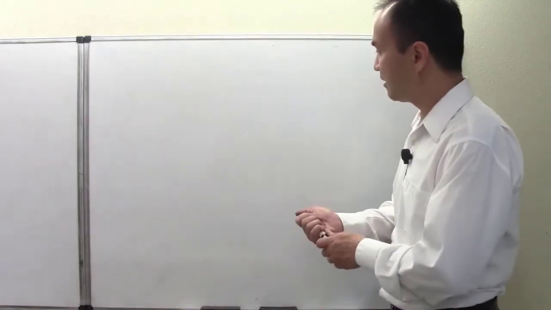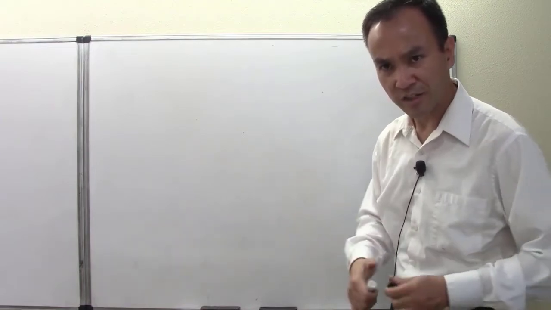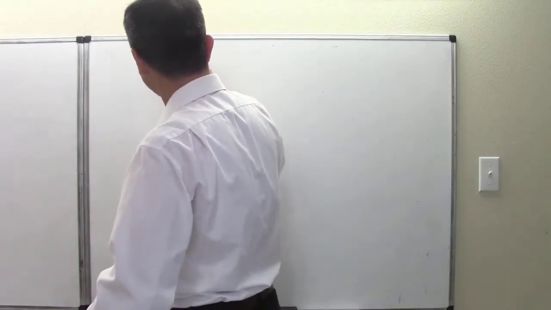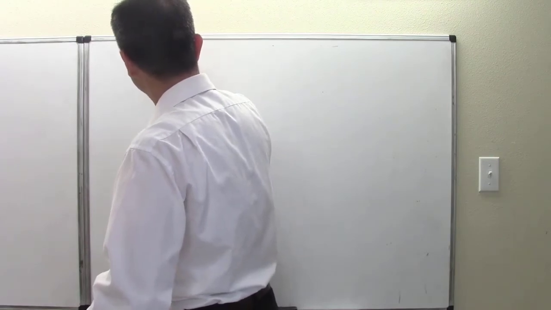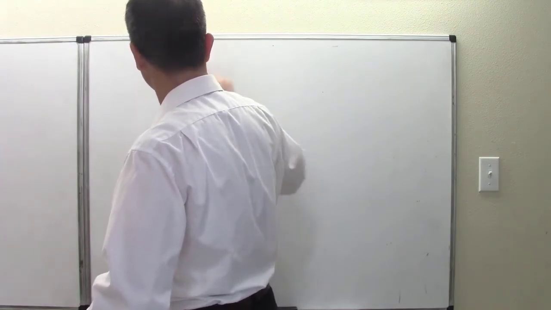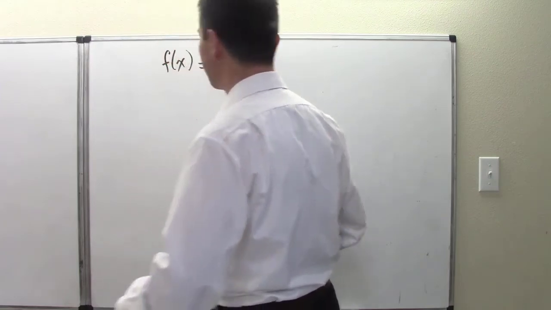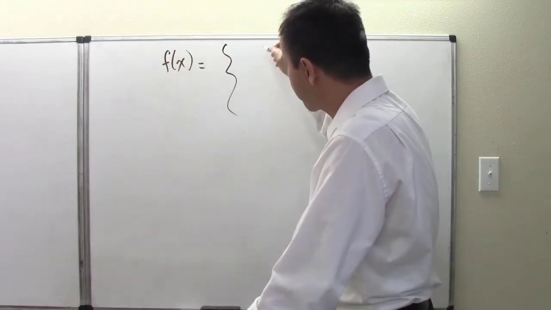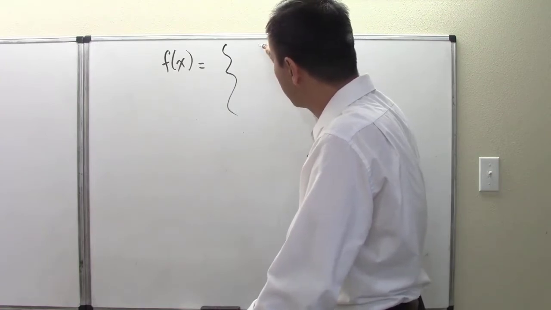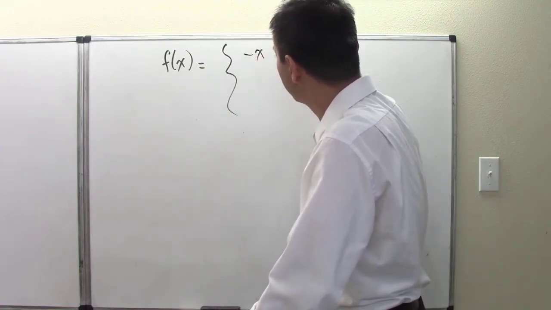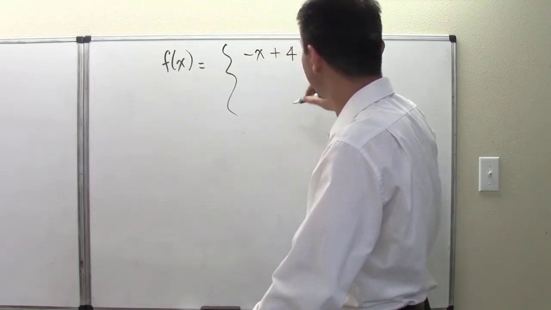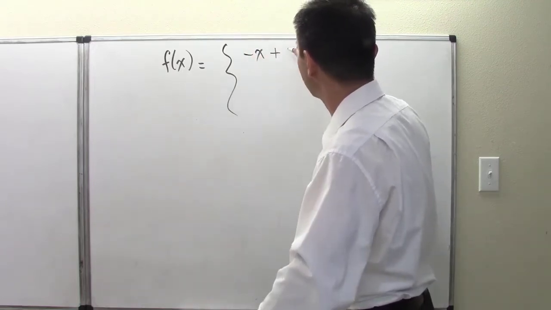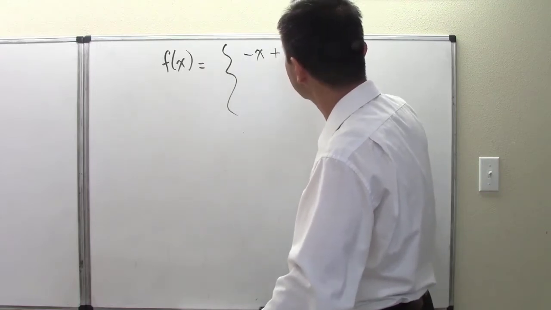All right, so now let's look at another piecewise function. Let's look at another piecewise function. And so I'm going to put in, how about f of x equals, okay, and there's that curly brace right here. And then how about minus x plus 1, keep things simple.